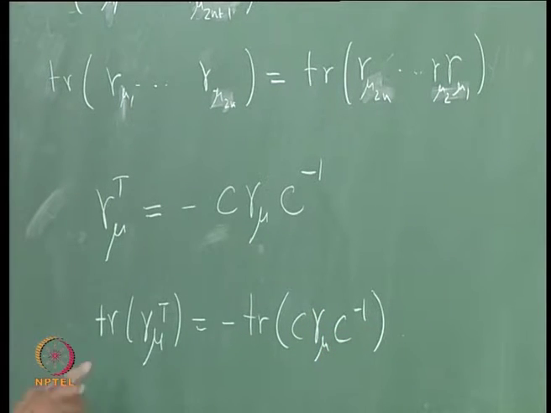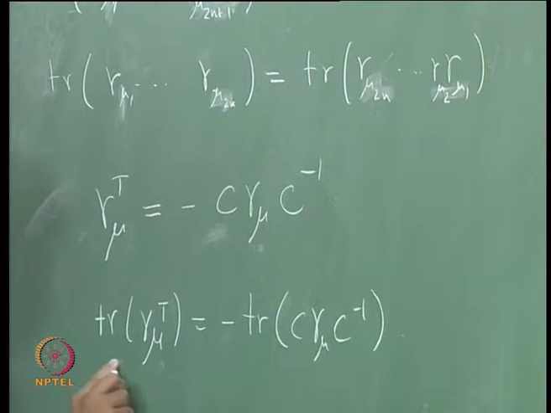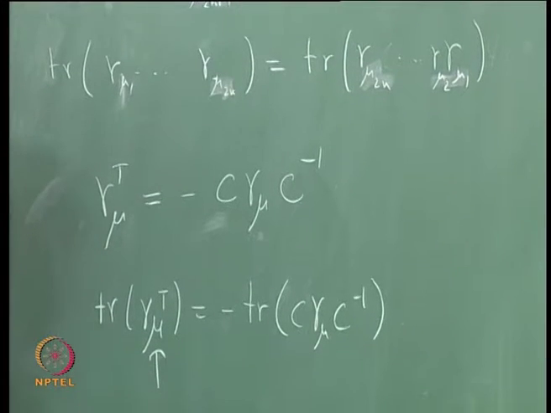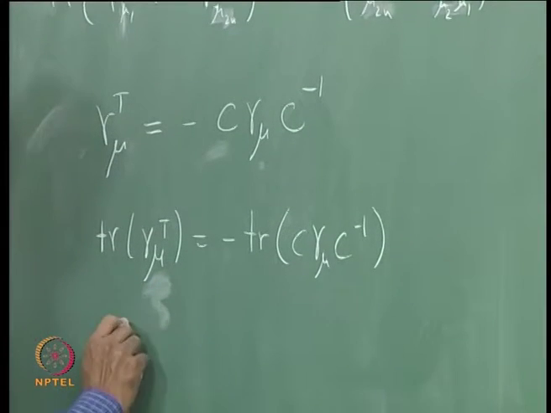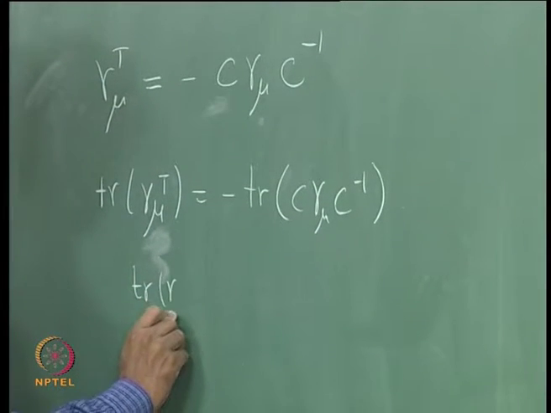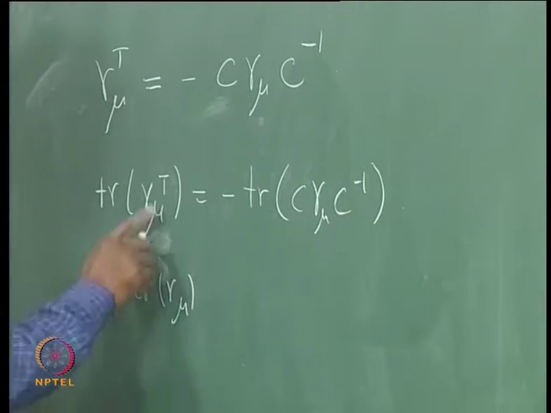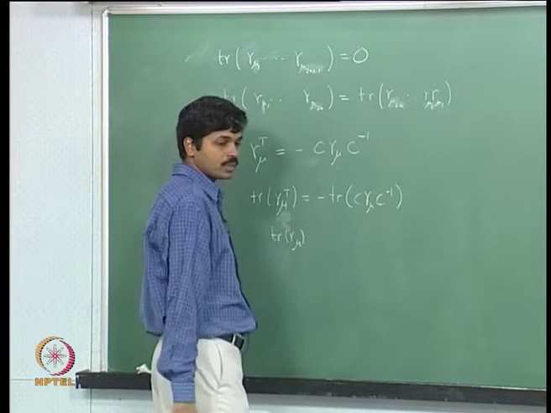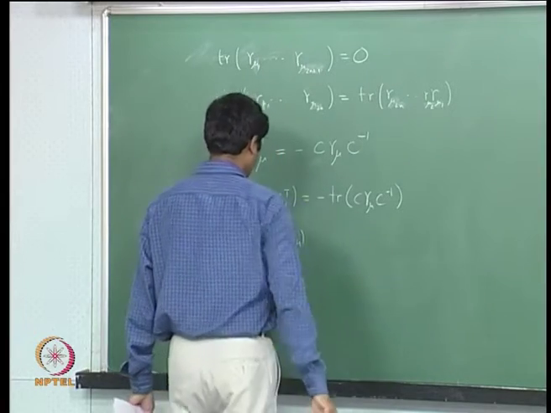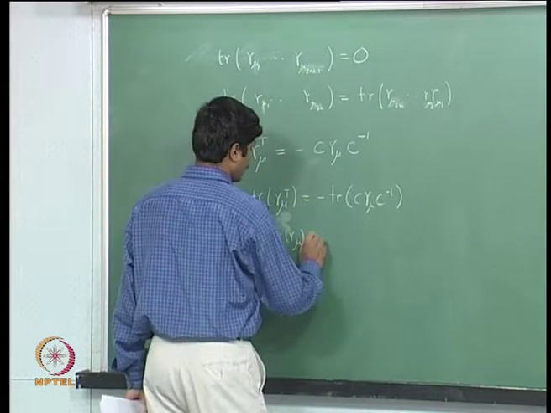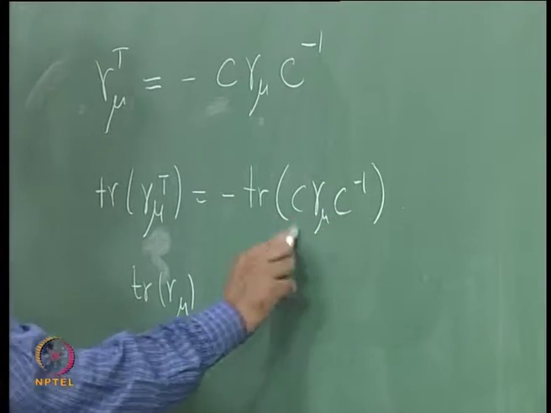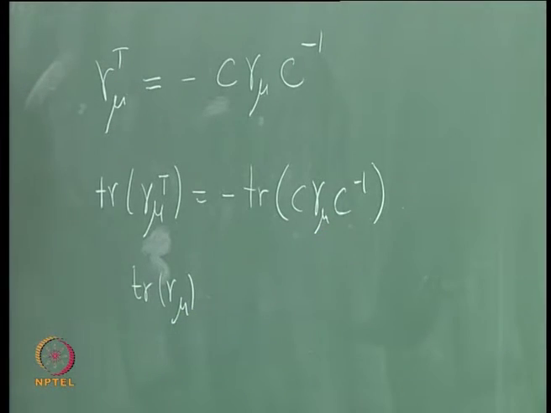But the trace is invariant under transpose. Trace of a matrix is equal to the trace of the transpose of the matrix, so this is equal to trace of gamma mu itself, and here you can use the cyclic property of trace.